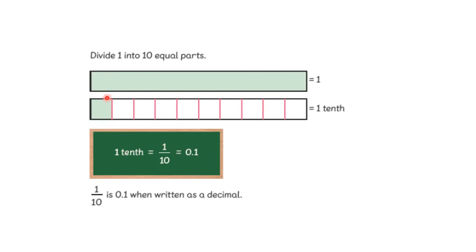And we know that tenths can be written as a fraction, 1/10, or as a decimal number, which would be 0.1. So 1/10, the fraction, is 0.1 when it is written as a decimal. So we know that when we divide 1 into 10 equal parts, we get 1/10.